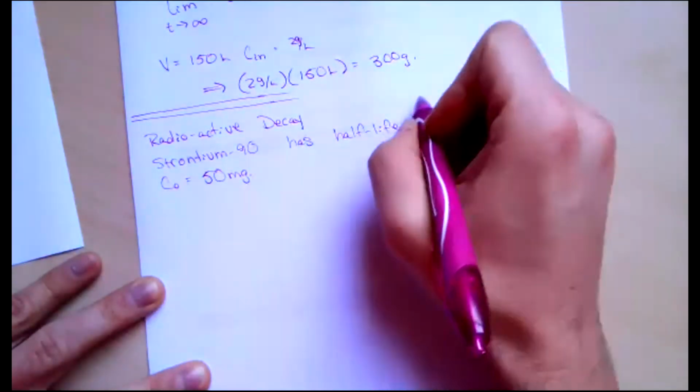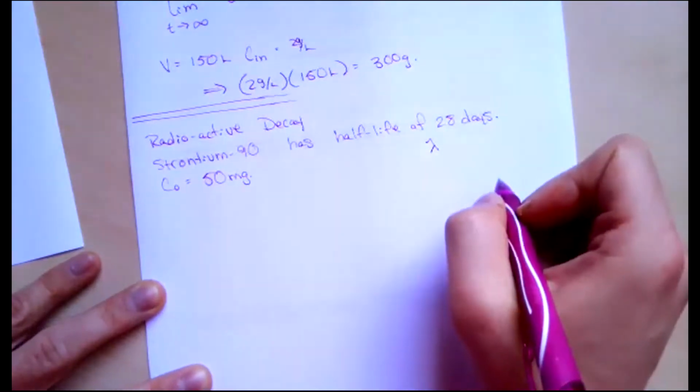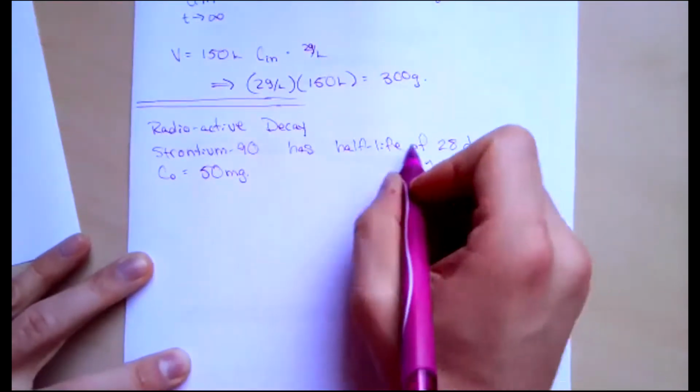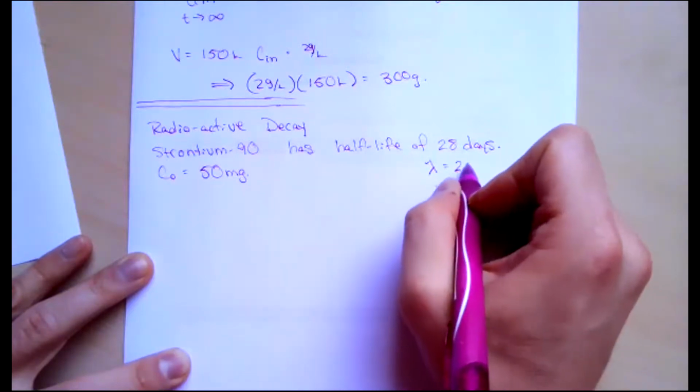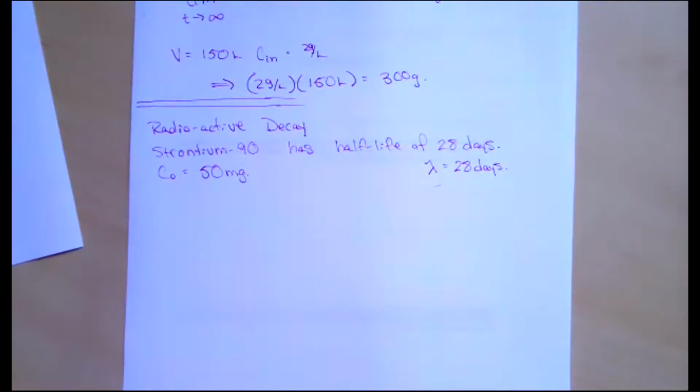So for half-life, the letter we commonly use is a lambda, just like that. I don't know if you guys have played the video game or seen that symbol wrapped around a circle. So we often use lambda as 28 days, and our C0 is 50 milligrams.